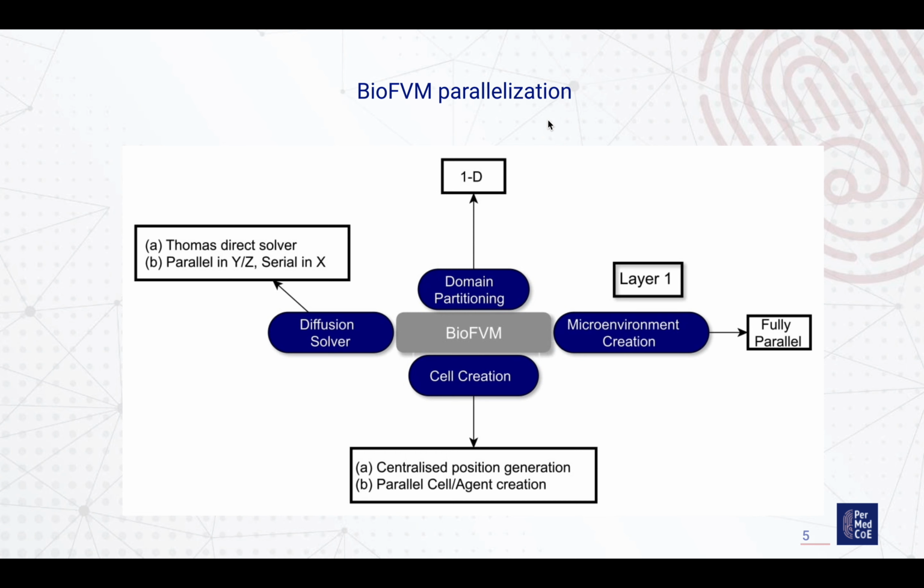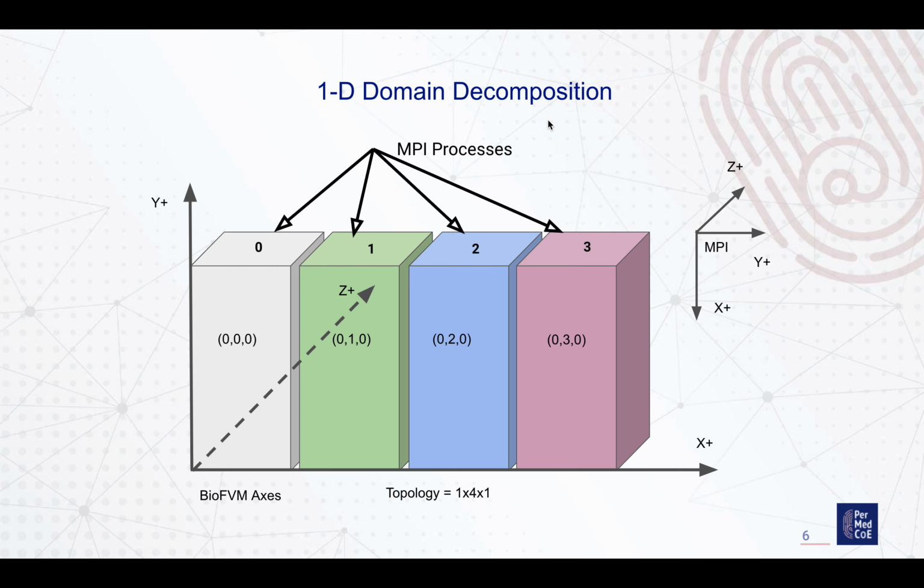An important point to note is that although we divide the domain in the X direction, our solver in the parallel version is still serial. It is in the Y and the Z direction that our solver is optimal because we do not divide the physical domain in the Y and the Z direction. I'll talk at length about this particular solver.